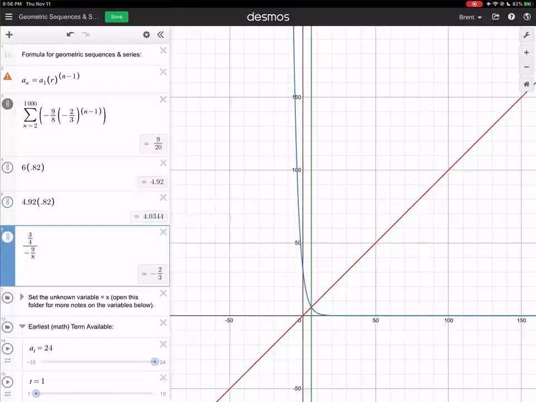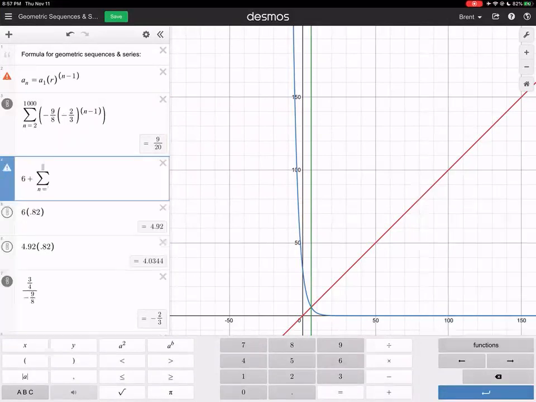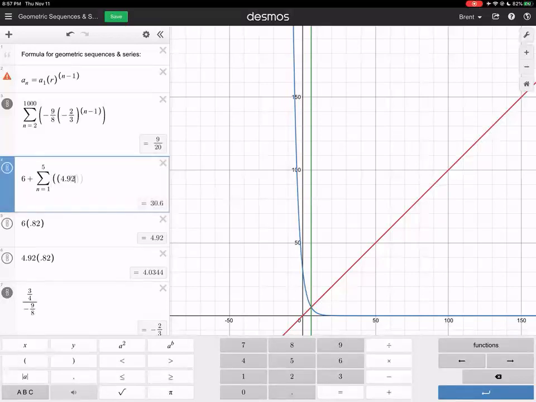Let's go to the calculator and try this out. So 6 plus the sigma, 1 to 5, because we have 5 full bounces that go up and down. That first one was, we said 4.92, but it's going up and down that amount, so I double it.